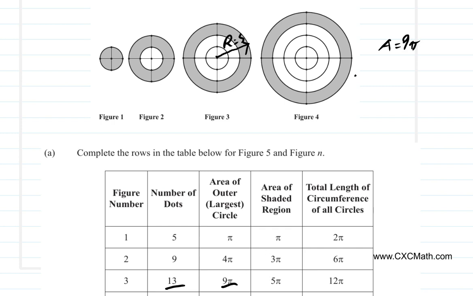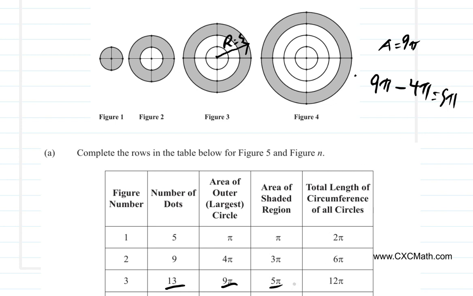The area of the shaded region will be the total area, 9 pi, minus the inside area, which is similar to the previous circle in figure 2, 4 pi. 9 pi minus 4 pi gives you 5 pi.